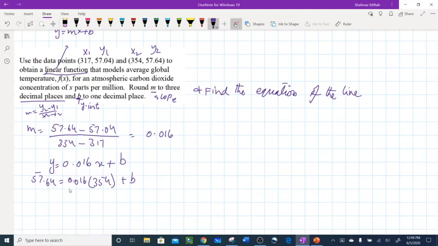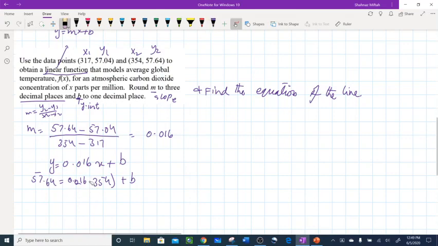When I multiply 0.016 times 354, I will use a calculator on that. The answer for this portion is 5.664.